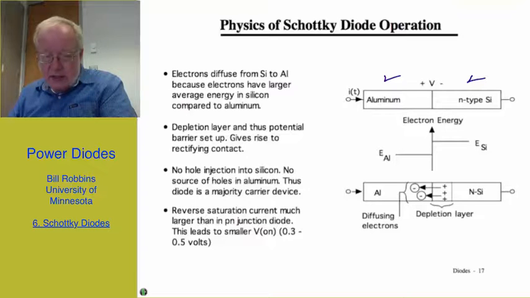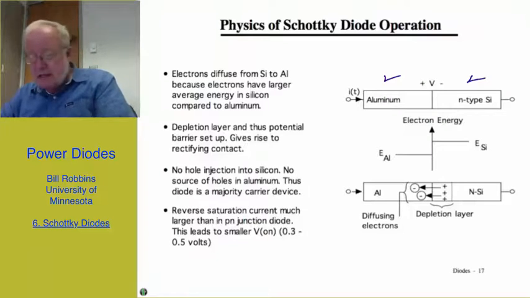They're not as energetic, and so there's going to be a depletion layer formed because the electrons in the immediate vicinity from the N-type silicon that move to the aluminum give us a net negative charge on the aluminum side and a net positive charge from the uncovered donors on the N-type silicon side. We've now formed a depletion region, and so all of the same mechanisms that we were talking about in physics with a p-n junction also apply here.